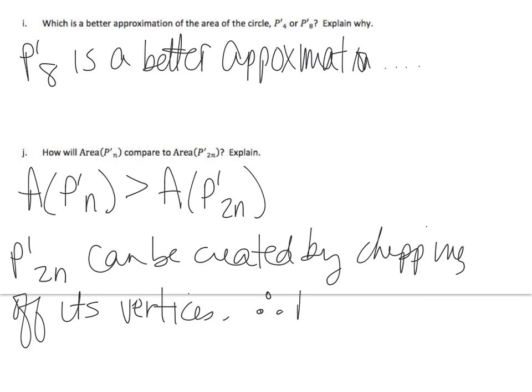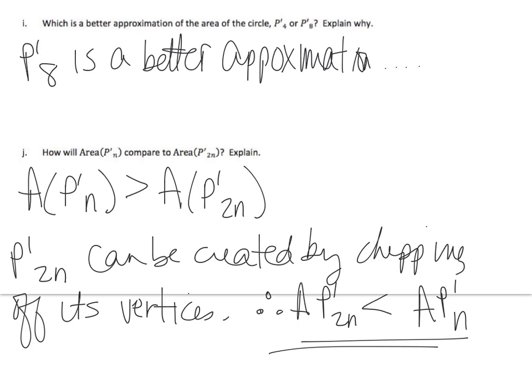Therefore, the area of p prime 2n will always be less than the area of p prime n, always, because we're breaking away the area of p prime n to get to the area of p prime 2n.